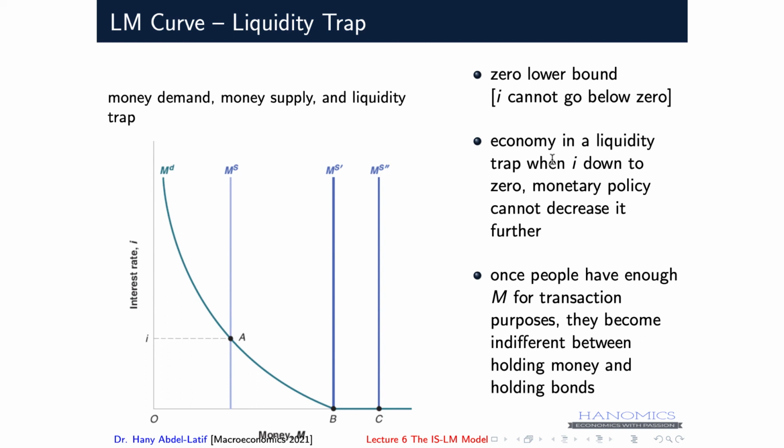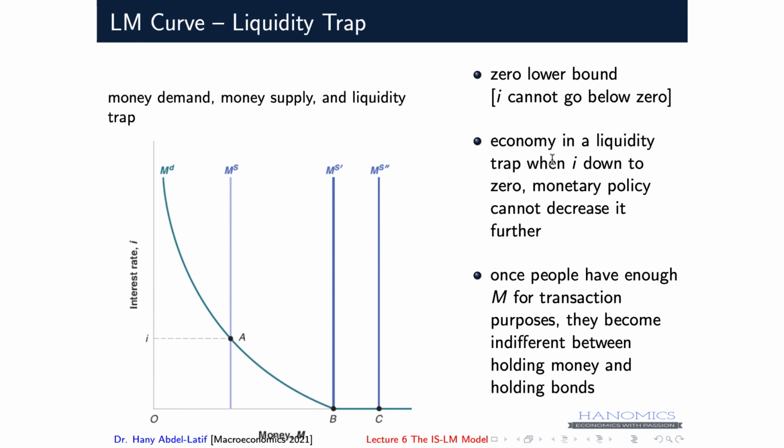So shifting the MS line, the vertical line, to the right leads to a decrease in the interest rate, and that's how monetary policy works. So changing money supply will affect the interest rate.